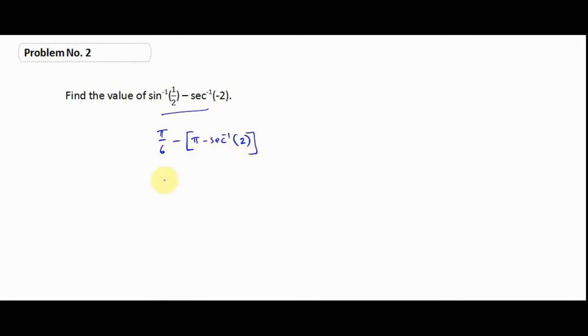So we may modify this expression as pi by 6 minus pi minus cos inverse of 1 by 2. Cos inverse of 1 by 2 is pi by 3, that is 60 degrees.